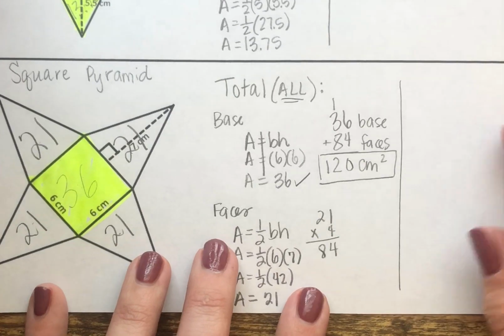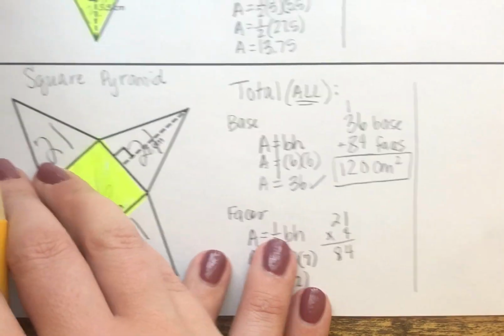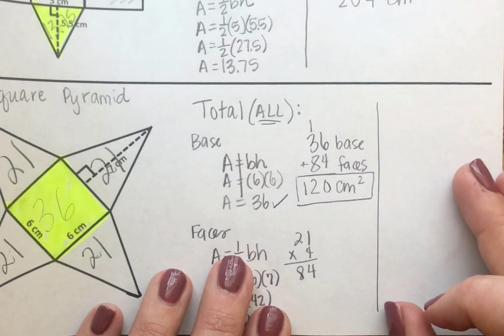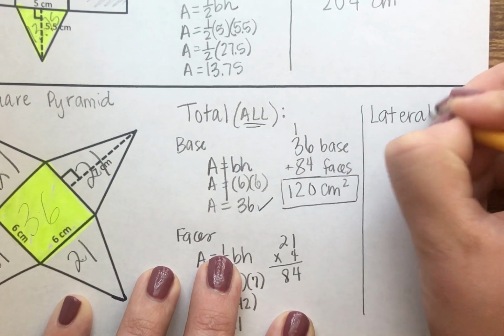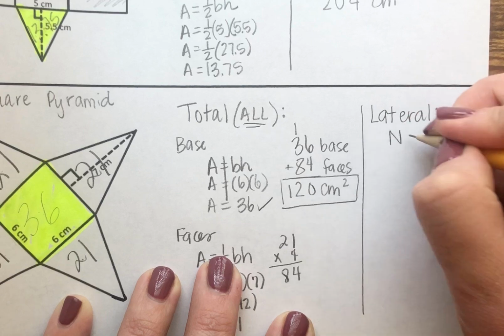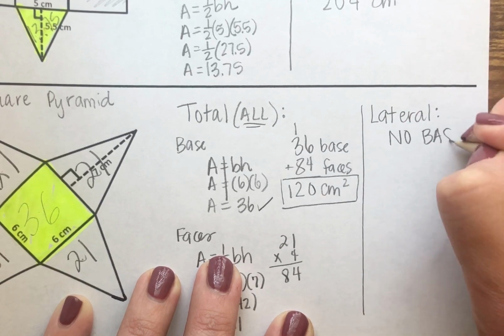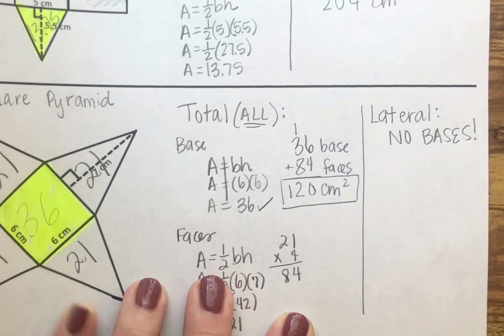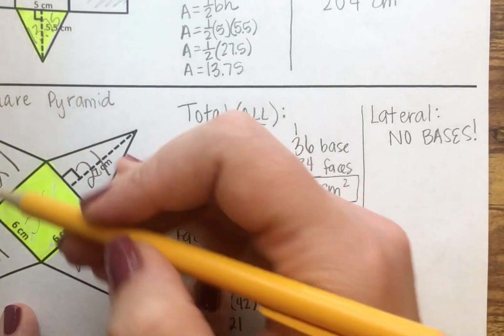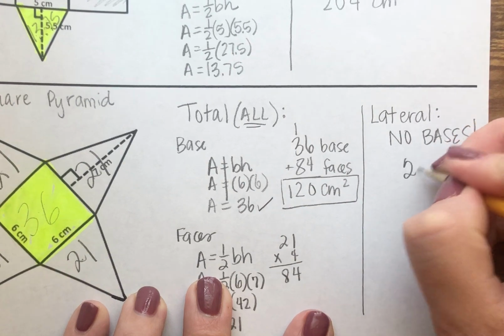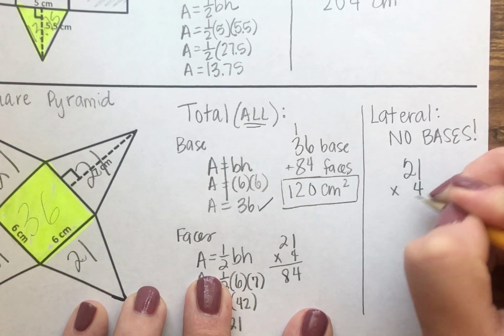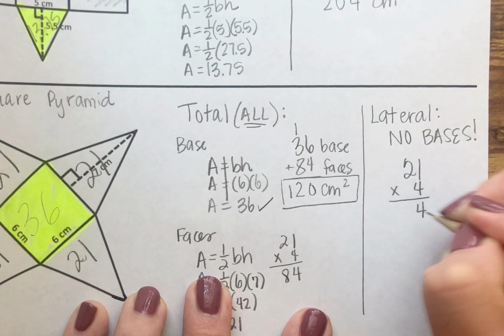Really quickly, we already have all the information that we need to be able to do our lateral. So let's do that real quick. Lateral means no bases. So if we are only finding the area of all of these triangular faces, each one of them is 21. There's 4 of them.